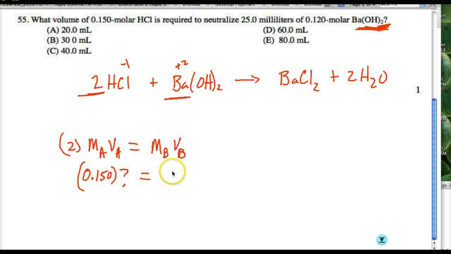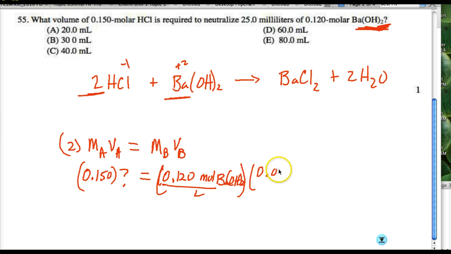And see, they can ask me any one of these. And then I have a 0.120 moles per liter of the barium hydroxide. And I've got how many? 0.0250 liters.